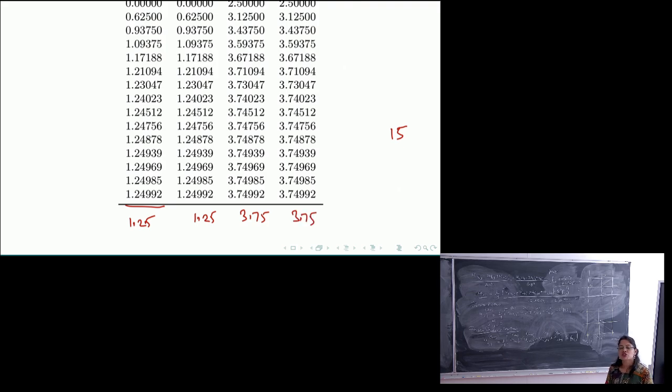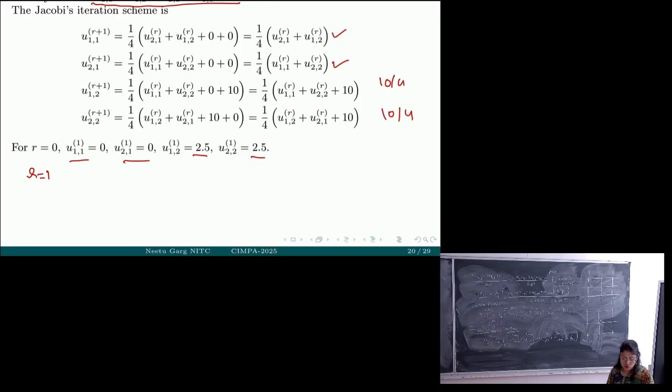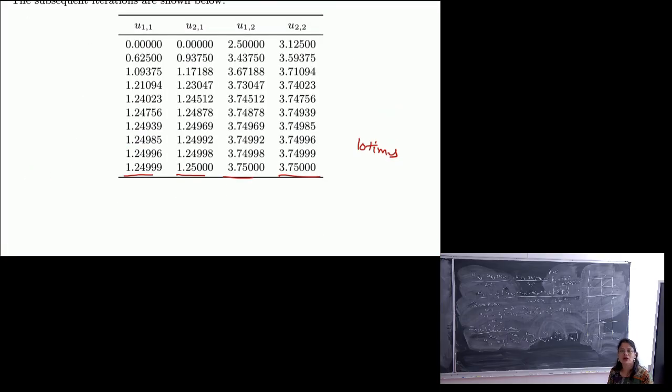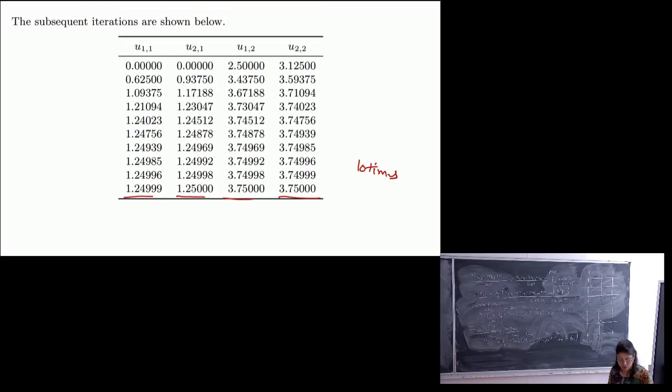So, this table indicates that your Gauss-Seidel method is more efficient than your Gauss-Jacobi method, because here after 15 iterations we are getting approximately 1.25, but by the Gauss-Seidel method just by applying 10 iterations I am getting almost 1.25. Here also we are getting all the decimal zeros, so we are getting a better answer.